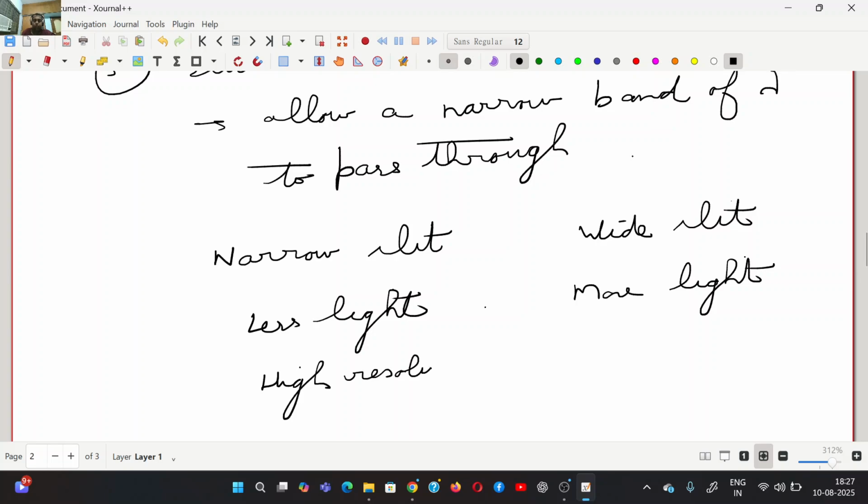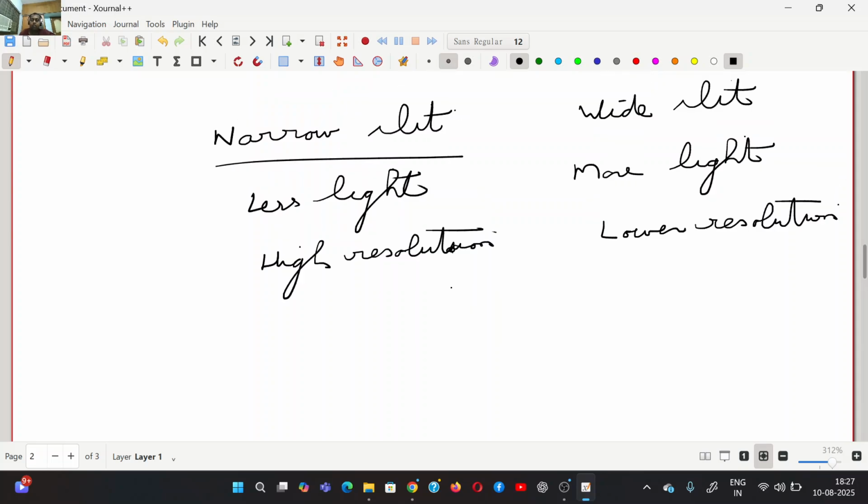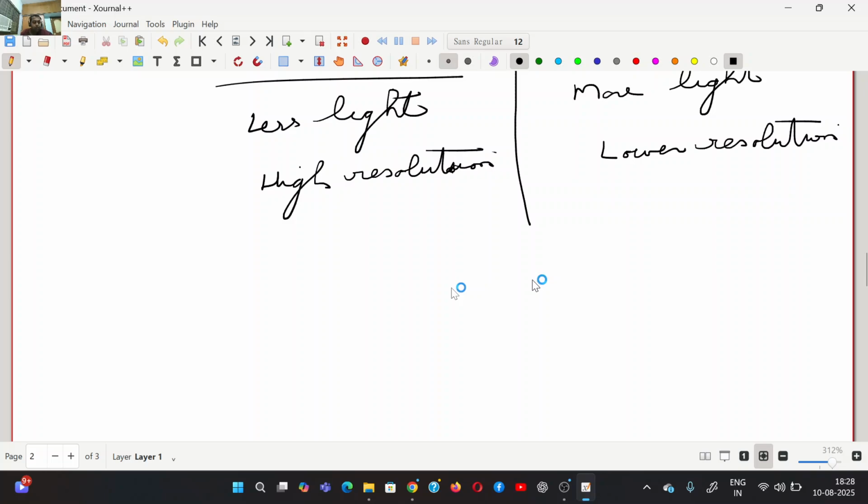Then it is worse resolution. Fine. So our target is basically whatever the absorption line of our element that we want to analyze. That bit we have to match.